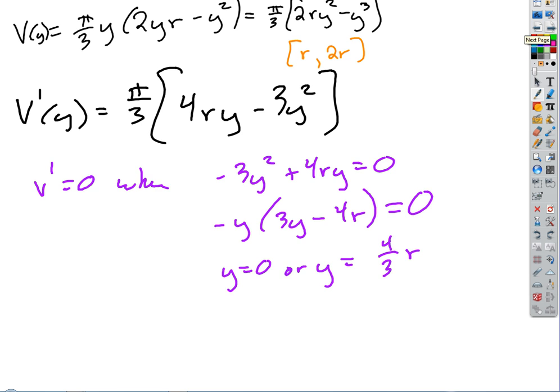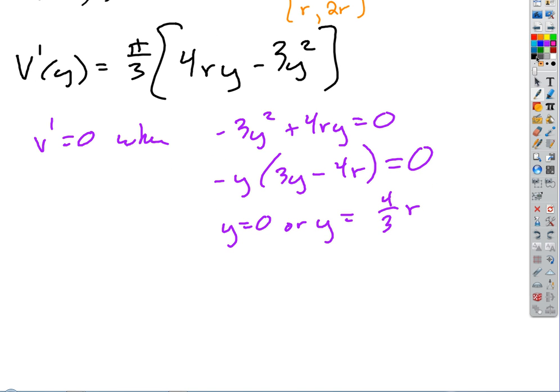Okay, so do we want a second derivative here? I say yes, let's do it. Because it's easy. It's a polynomial, it's easy to do, and the second derivative test is easier than the first derivative test.